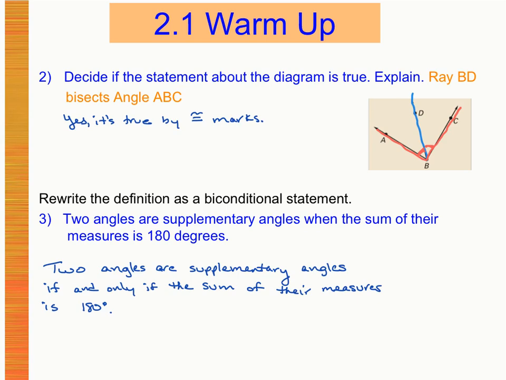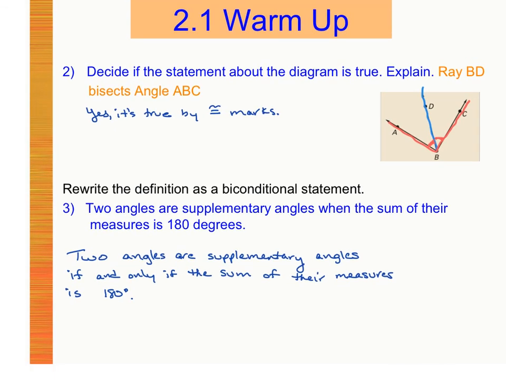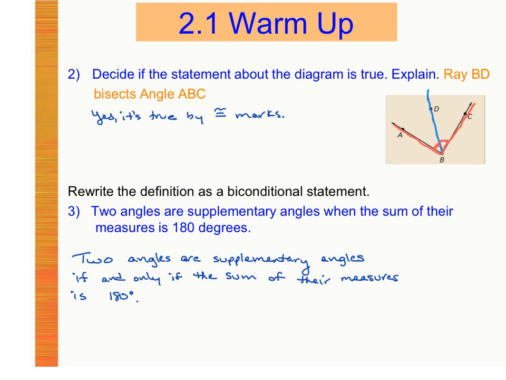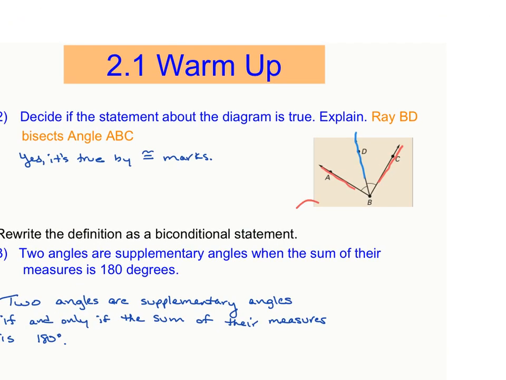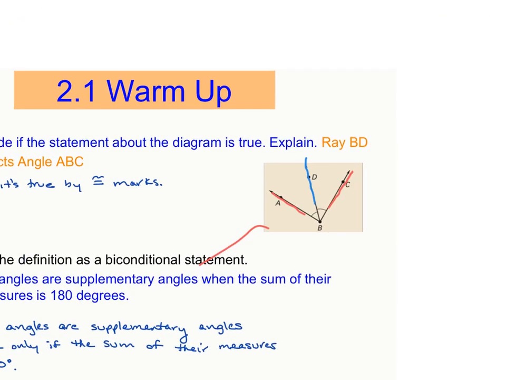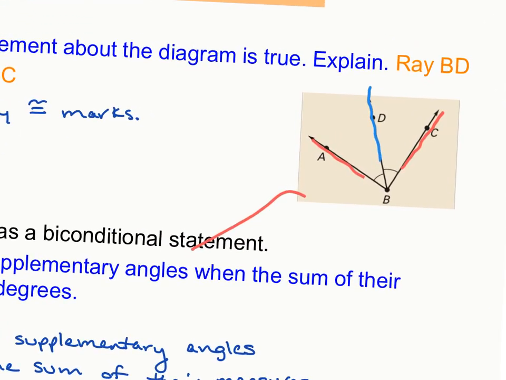The next one. Miss Corey, the congruency marks are different heights, though. It doesn't matter. As long as it has the same type of marking, that's fine. If this one had two little lines and this had one, then they would not be congruent.